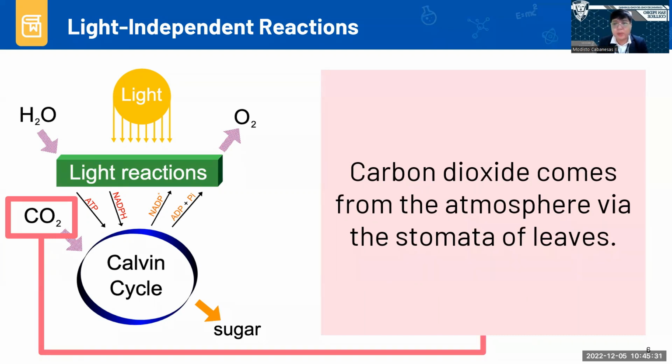Now, di ba, when we discuss the equation of photosynthesis, the plant needs water and carbon dioxide as well as light energy, of course. While si water, we used it sa light-dependent reaction. Ngayon, si carbon dioxide naman yung gagamitin natin for the Calvin cycle.